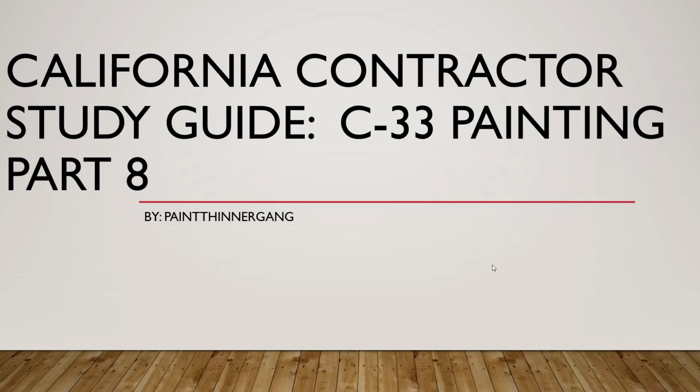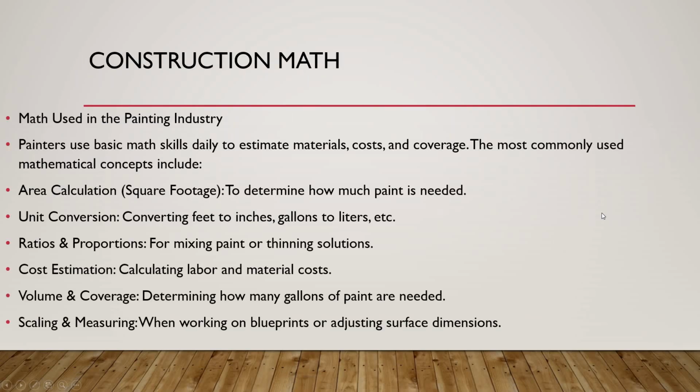So today we're gonna talk about math, right, and how it pertains to the painting industry. Math is used in the painting industry all the time. Painters use basic math skills daily to estimate materials, cost, and coverage.